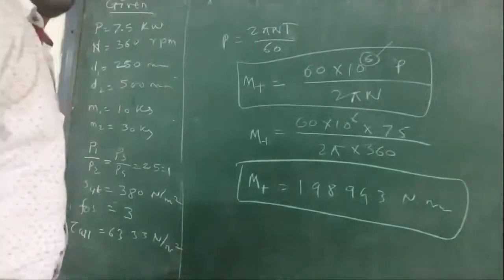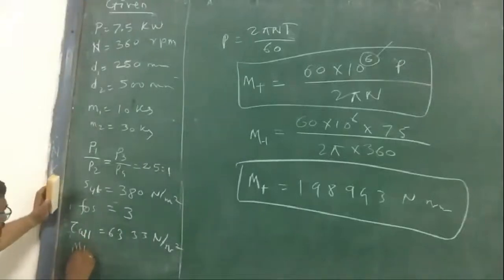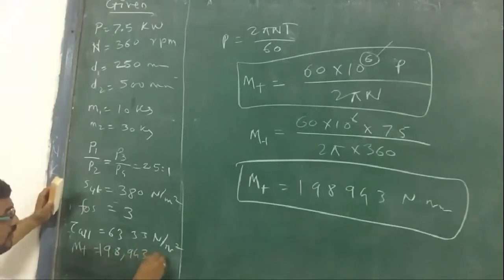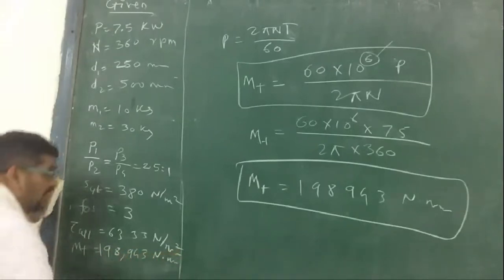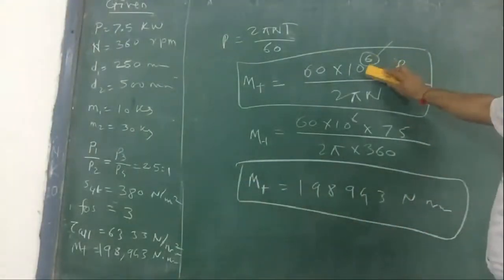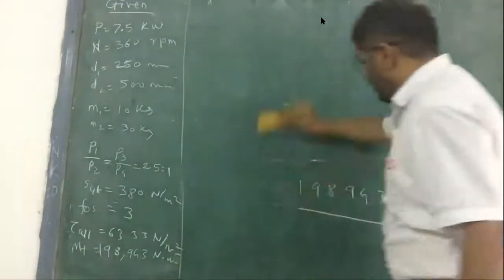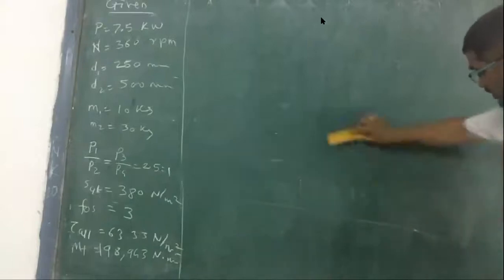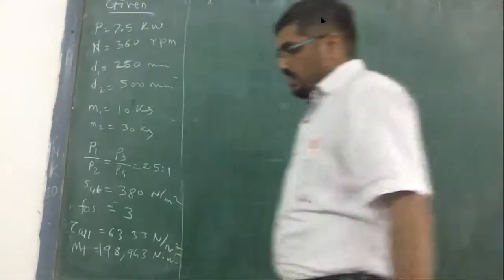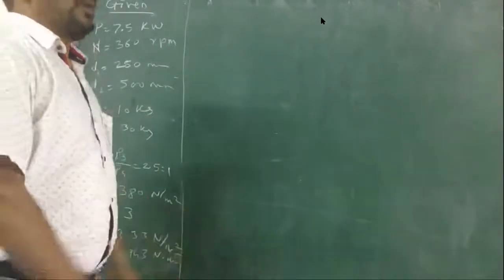Okay, so now we know Mt, 198,943 Newton mm. Everything is in Newton mm. To apply the first equation we have seen, the principal shear stress theory equation, tau max is equal to 16 upon pi d cube into root of Mb square plus Mt square.